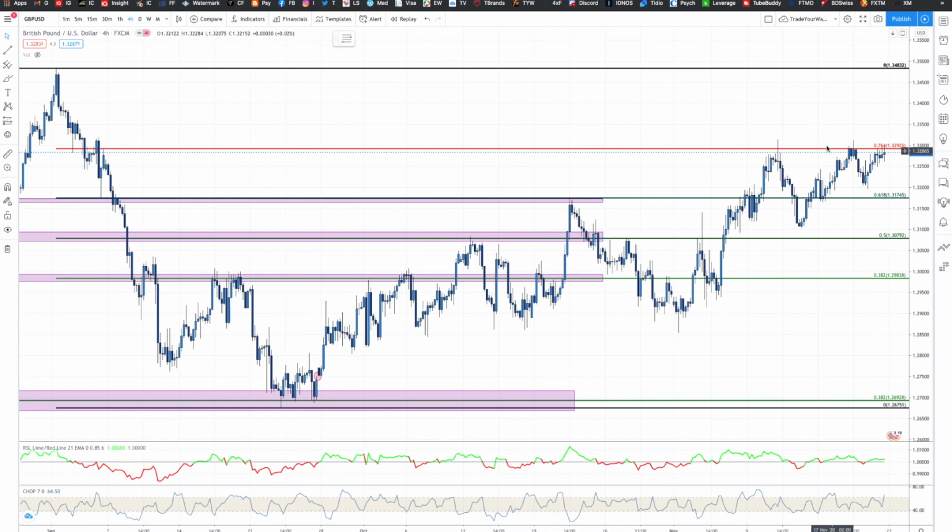So right now, pound dollar sitting here. What do we want to do? Well, we want to take a trade off this 76.4. If it doesn't break on the 3rd attempt and go short here, we want to put our stops just above, and we want to short it down to the 61.8, and that will be the first target area, which is down at around 132.